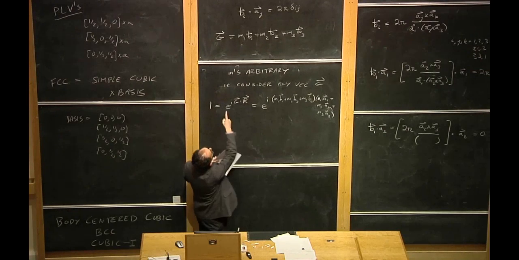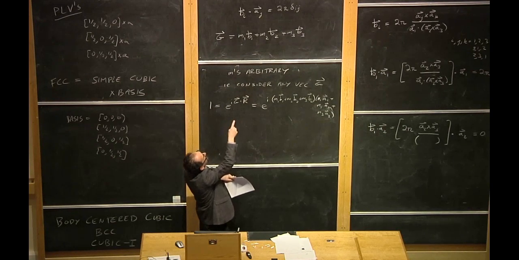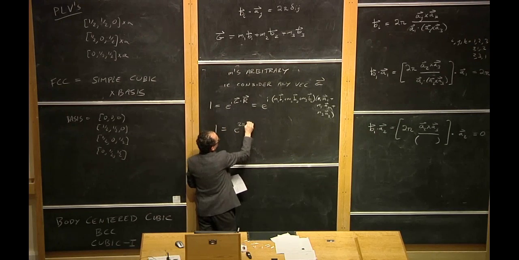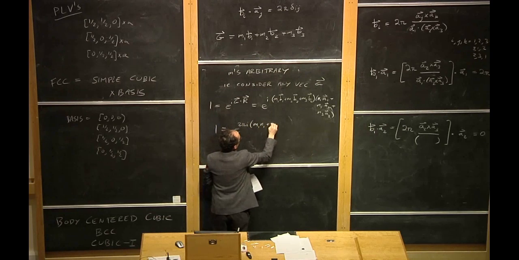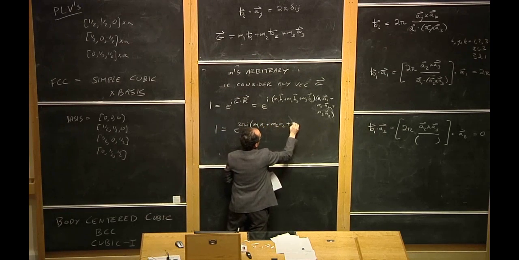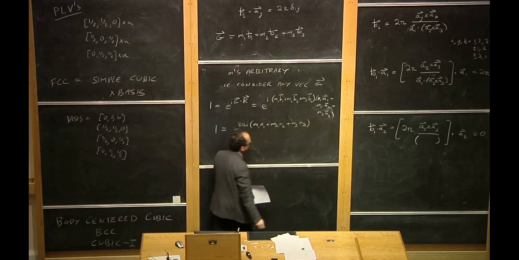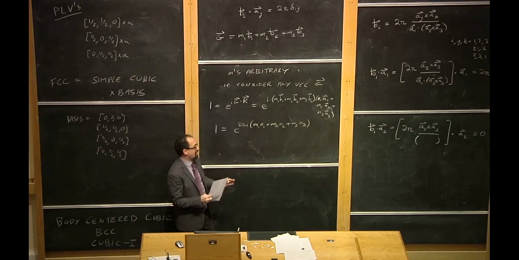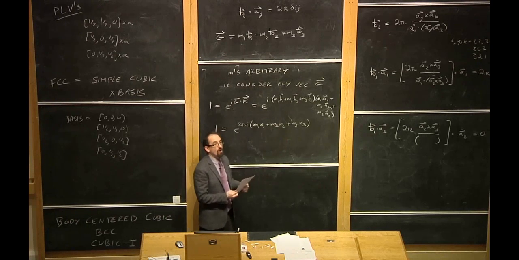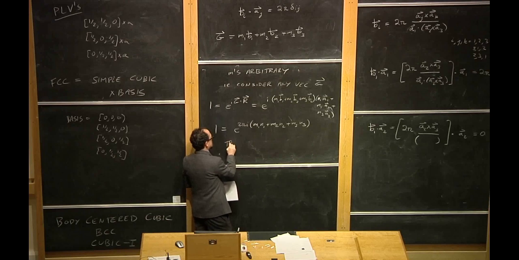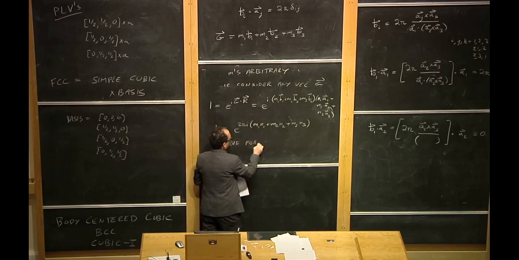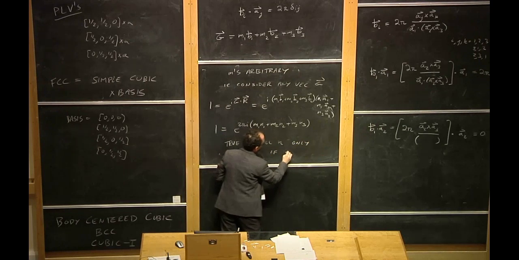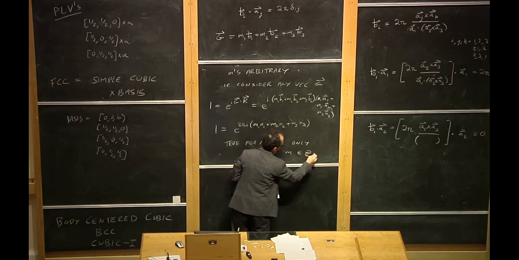Well, using our orthogonality condition B_i dot A_j equals 2 pi delta ij, that is 1 equals e to the 2 pi i times M1 N1 plus M2 N2 plus M3 N3. Now, if I want this to equal 1 for every possible direct lattice vector, for every possible n, the only way this will be true is if the M's are integers.